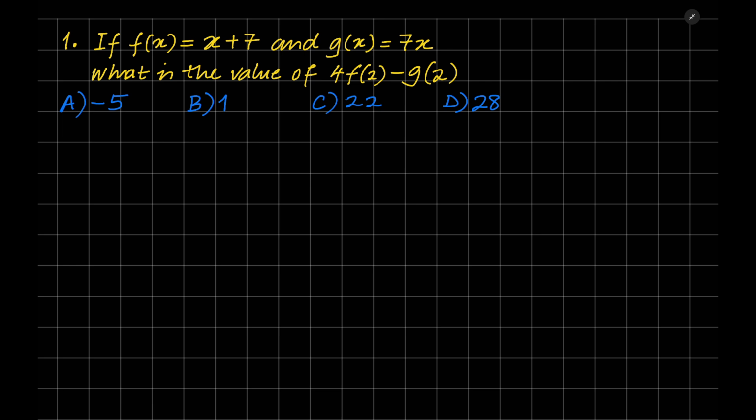The value of f(2) can be found by substituting 2 for x in the given equation f of x equal to x plus 7, which yields f(2) is equal to 2 plus 7, or f(2) is equal to 9.